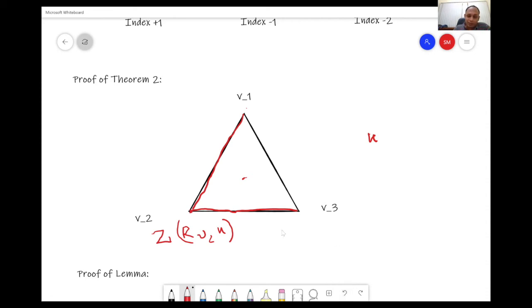Now here comes this result of Cheng. Cheng's result says that the zeros behave in a particular way. R_v2 is a Killing field, so R_v2 u is an eigenfunction of the Laplacian with the same eigenvalue as u. Again, I need not specify the boundary condition, but locally it's an eigenfunction.